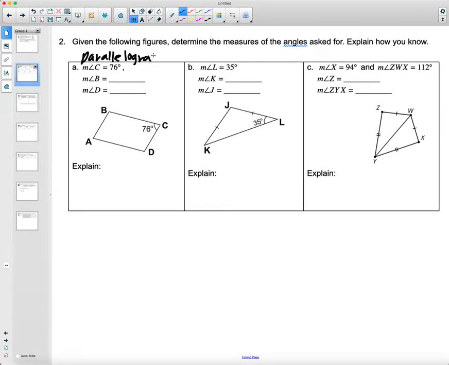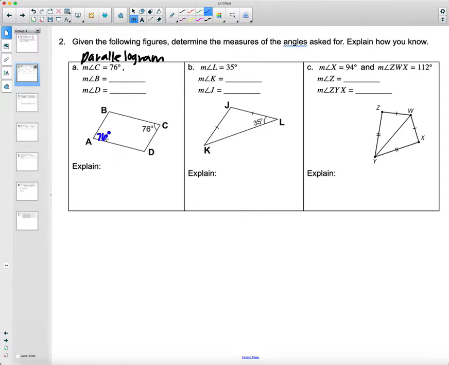And if we know that angle C is 76, how are we going to find angle B and angle D? So a couple of different ways here. So opposite angles are congruent, so you would know angle A is 76. Then you know B and D have to be congruent.